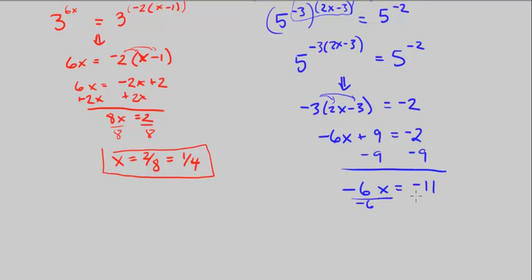Divide by -6. We get x equals -11 divided by -6, which is +11 divided by 6, right? And we don't want to put it in our calculator because we want to put the answer in fraction form. So this is the answer for part C. And that ends CPM Precalculus Chapter 1, number 71.